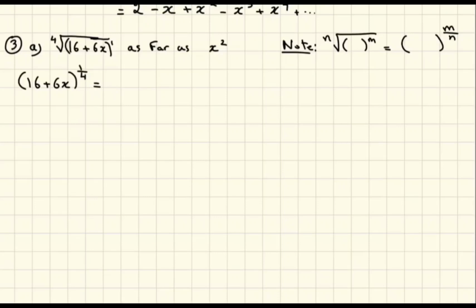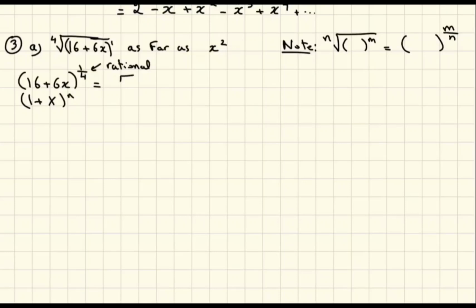So let's expand this one. First of all, I can notice that we have rational exponent. Now, if I have rational exponent, I need the form 1 plus big X exponent n, but I don't have that form. Let's change 16 plus 6x exponent 1 over 4 to the form 1 plus big X exponent n.